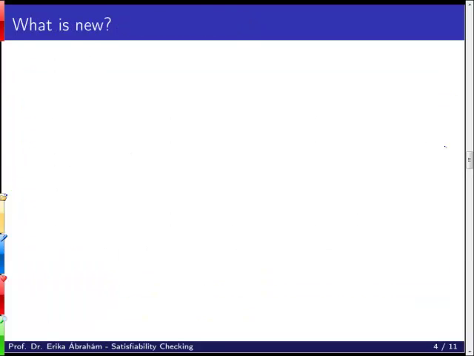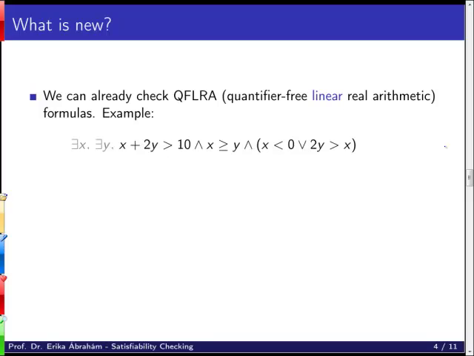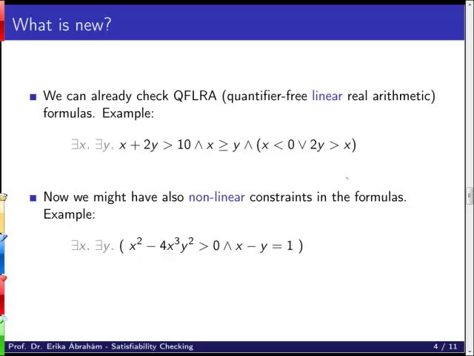So what is new? What we already know is linear arithmetic. So expressions like the ones given here are real algebraic expressions or formulas, but also linear real algebraic ones, which we can already solve. What we cannot solve until now are formulas containing polynomial constraints.